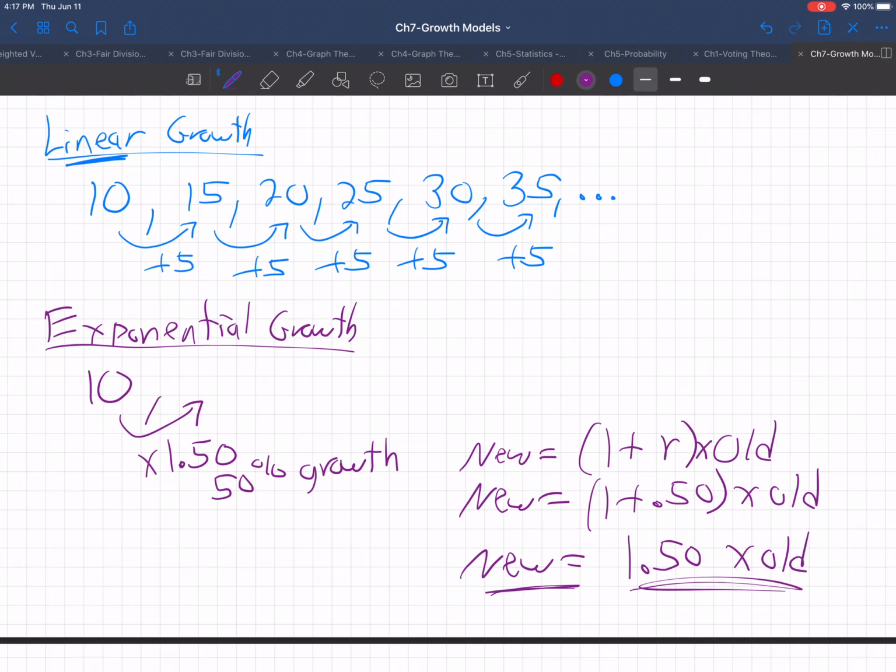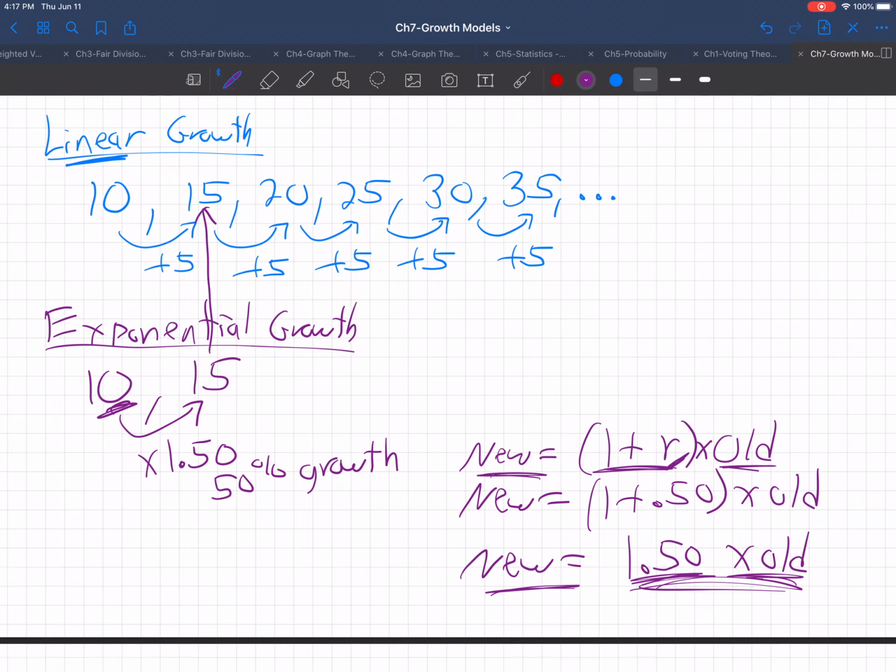So that would be 50% growth. The new amount, the next generation, is 1 plus r, where r is the rate of growth, times the old amount, which comes out to be 1.50 times the old amount. So if you take 10 on your calculator and multiply by 1.50, you'll get 15, which is the same amount we got the second generation.